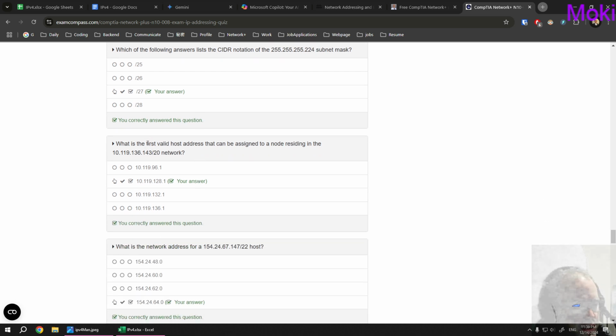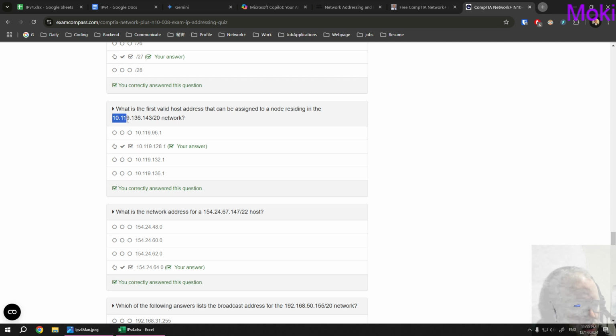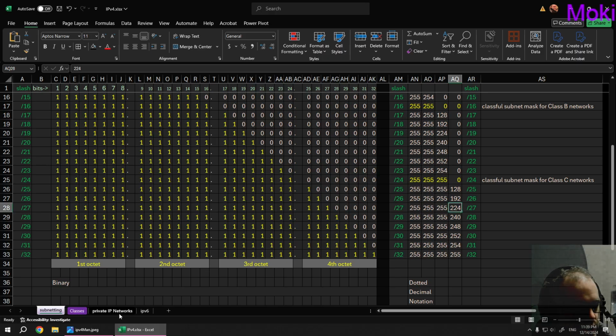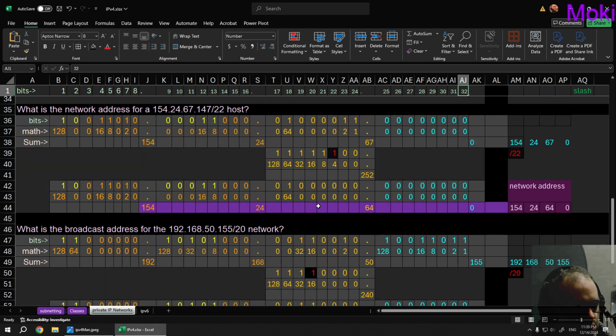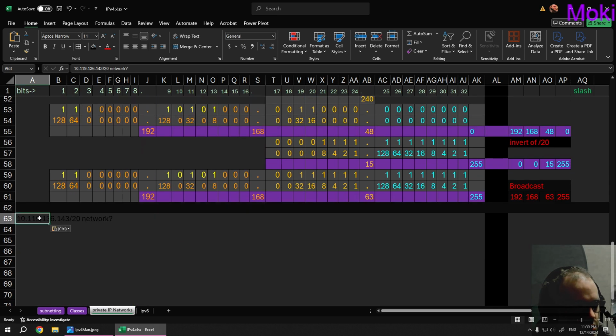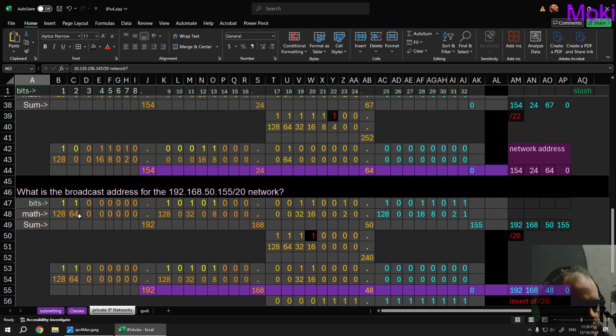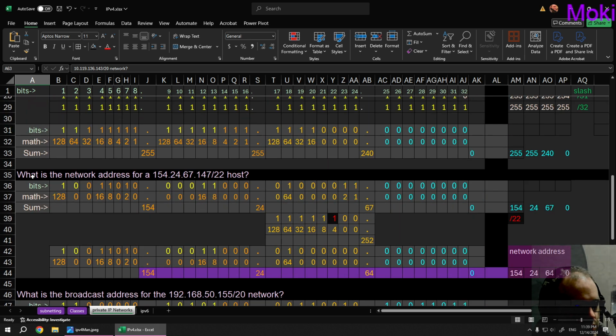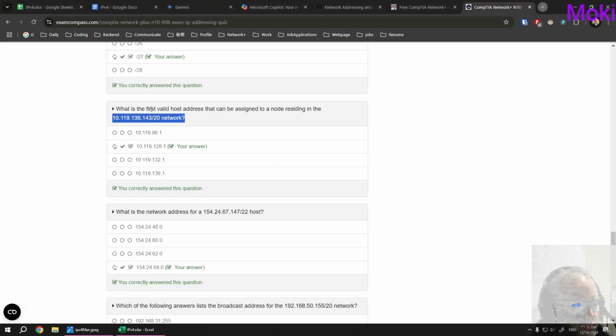What is the first valid host address that can be assigned to a node residing in the network? What is the network address? They say it weird like that: the first valid host address.